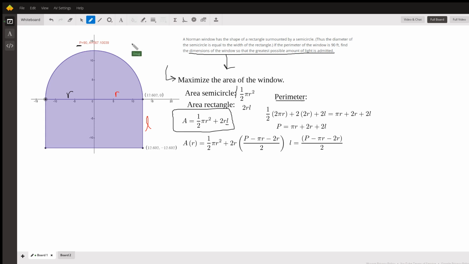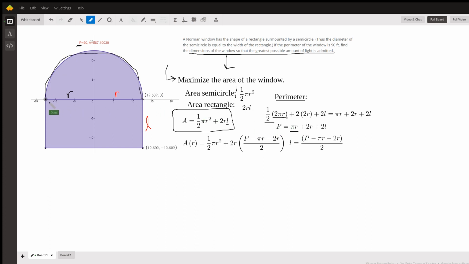the value of R that gives the maximum area is P over the quantity pi plus 4. So the perimeter of the semicircle: the perimeter of a circle is 2 pi r, but we only have a semicircle, so this distance around the circle is pi r.